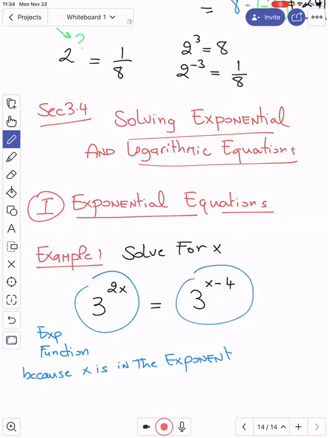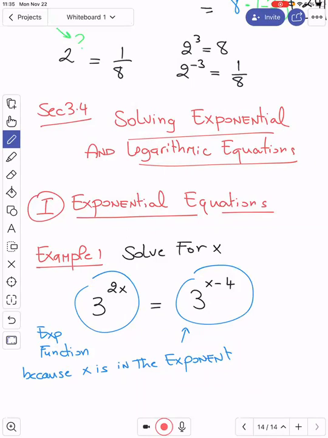That's why it's called the exponential equation: on the left and on the right side, you have an exponential function, and you want to solve for x.